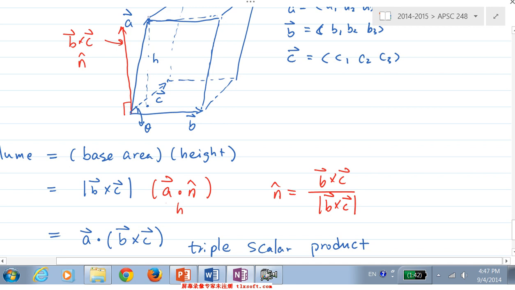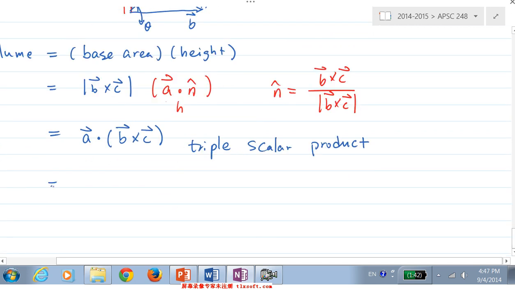Or maybe I can use another base area times the height, so you will end up with a slightly different order, maybe C dot A cross B. They're all the same thing, though. Or you could have B dot A cross C.